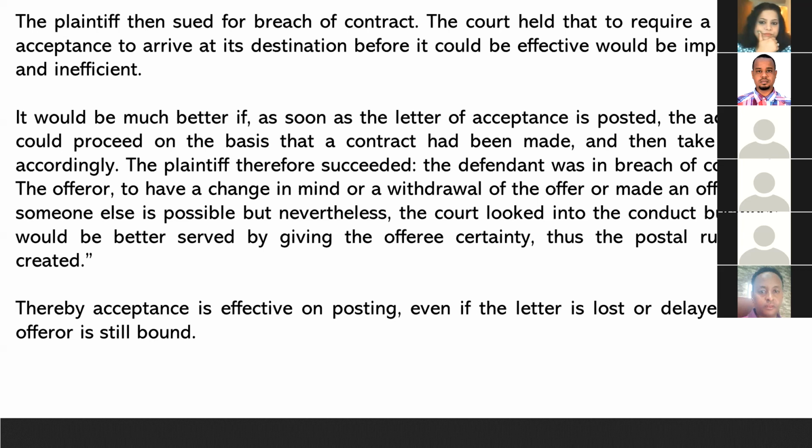How are they going to determine acceptance when the acceptance, especially in those days, was communicated via postal delivery or postal service? See, those days, when you post a letter, it takes time to reach the other destination, depending on where the destination is. Of course, you know that, it can take 3 days, 4 days, 5 days.